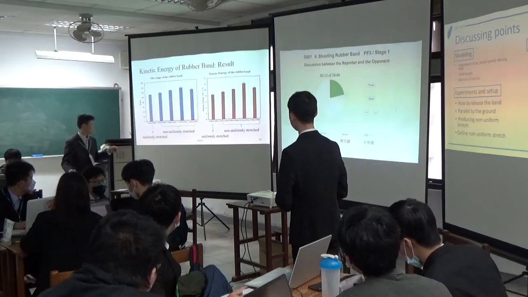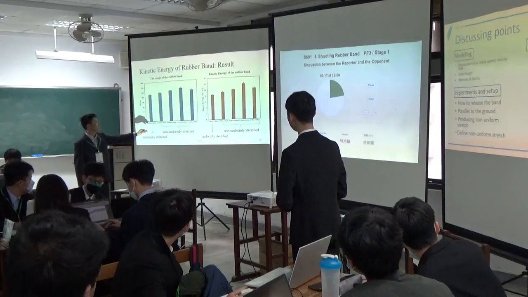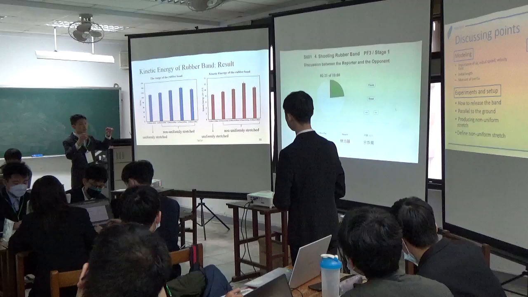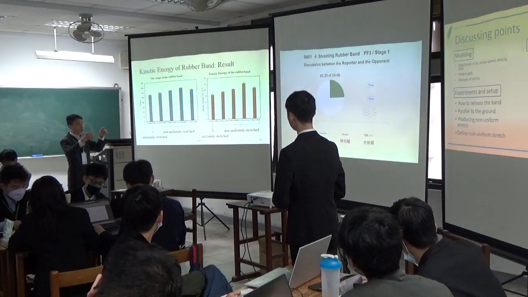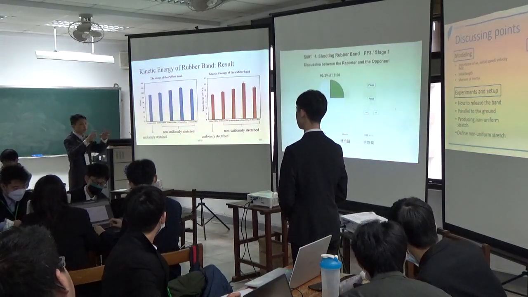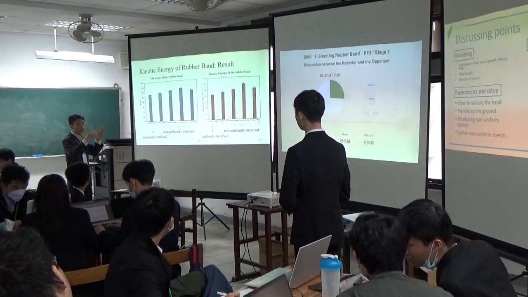So in our theory, the non-uniform stretch can increase the whole potential energy before I shoot the rubber band. So the energy that the rubber band stored is bigger, right?